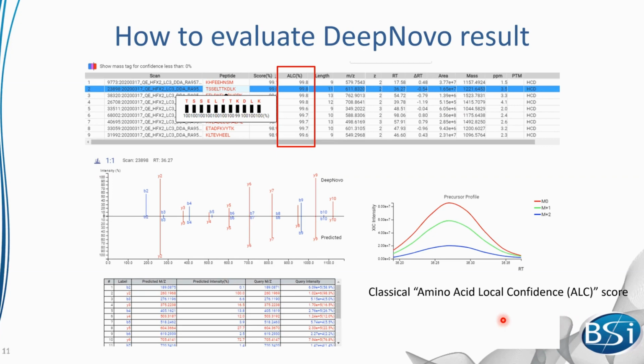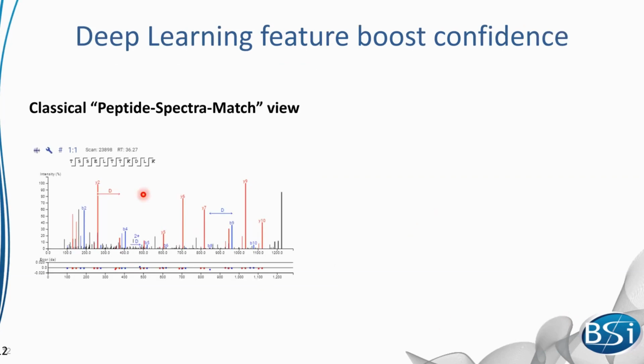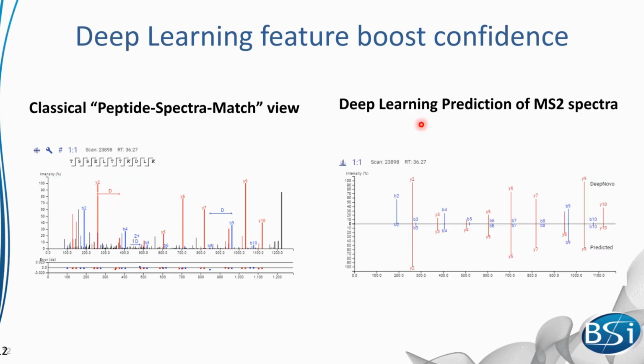And now we have deep learning, so we add more attributes to help the user see if this is a good PSM. The first basic one is the classical PSM viewer. In this viewer, we can see the D and Y N, and based on the distance between two peaks, we can see if this PSM is right. Now we also have deep learning prediction.